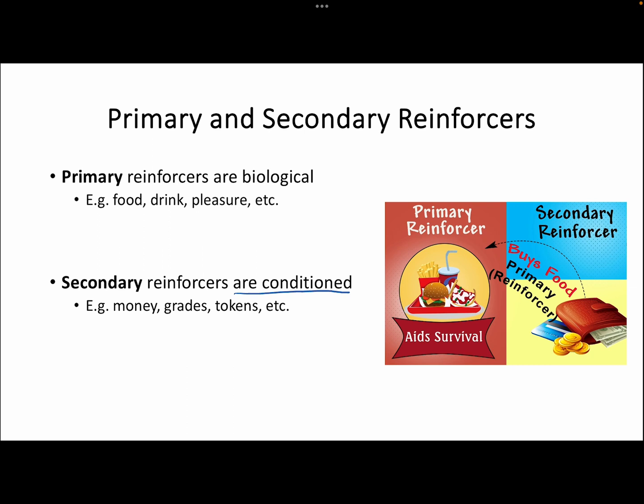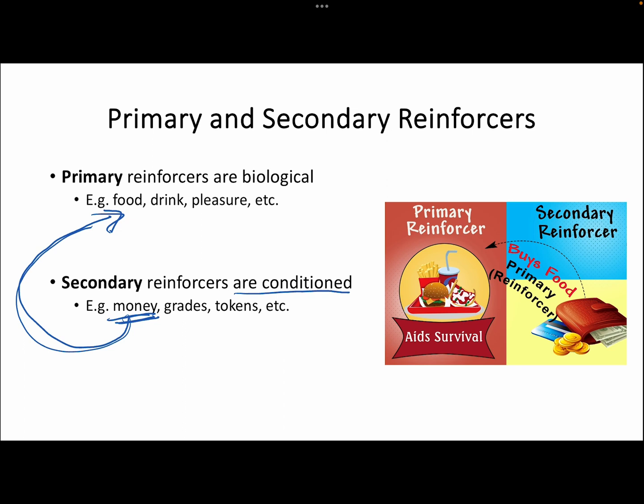So for example, money in itself has absolutely no value to us. It only has value because we can trade it for primary reinforcers. We can buy food with it. We can buy security and safety with it. So money in itself is useless unless we can associate it with a primary reinforcer.